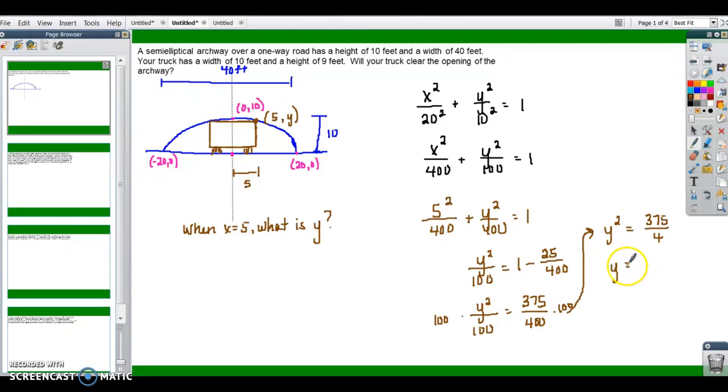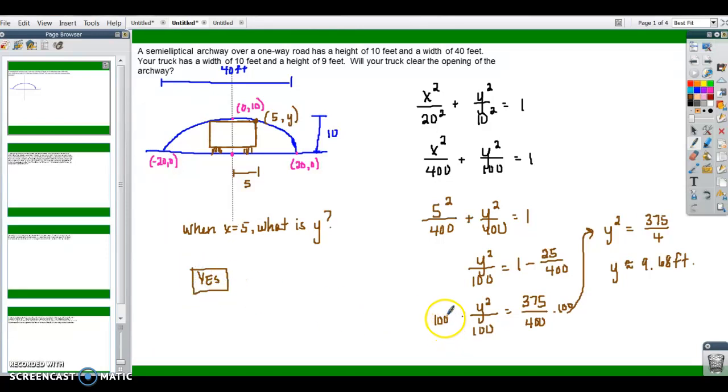That gives me y is approximately 9.68 feet. So that means 5 feet from the center of the archway, the height of the archway is 9.68 feet. And since my truck has a height of 9 feet, my truck is going to fit. So, yes, my truck will fit.